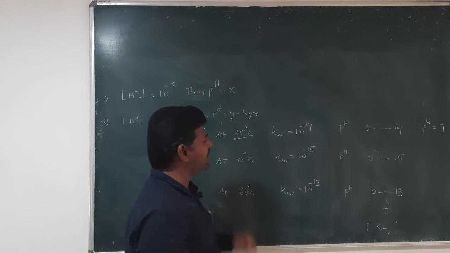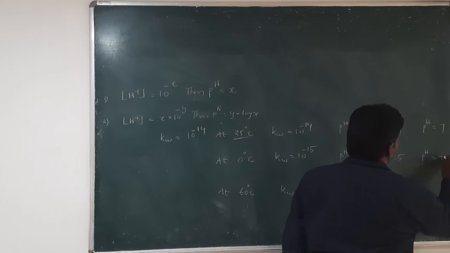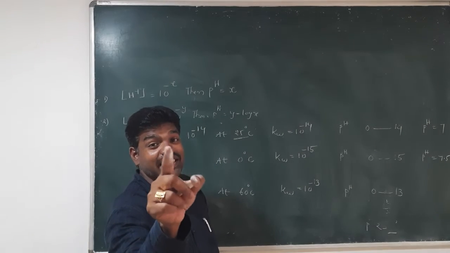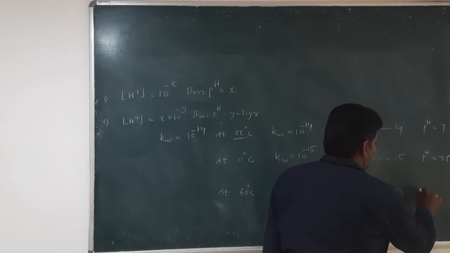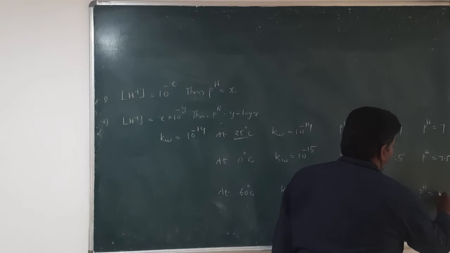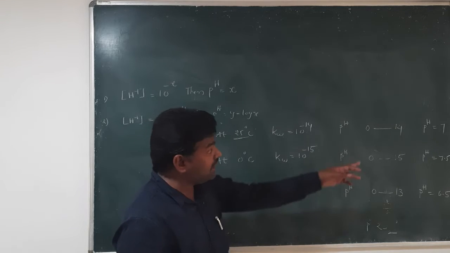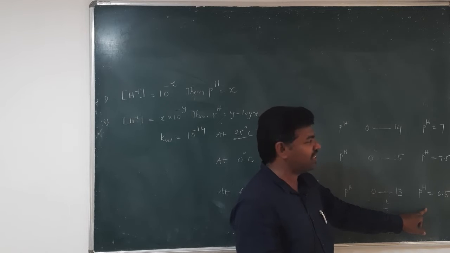At 0 degree centigrade, neutral solution has the pH 7.5. But at 60 degree centigrade, neutral solution has pH 6.5. All these three are neutral solutions, but these are at different temperatures.